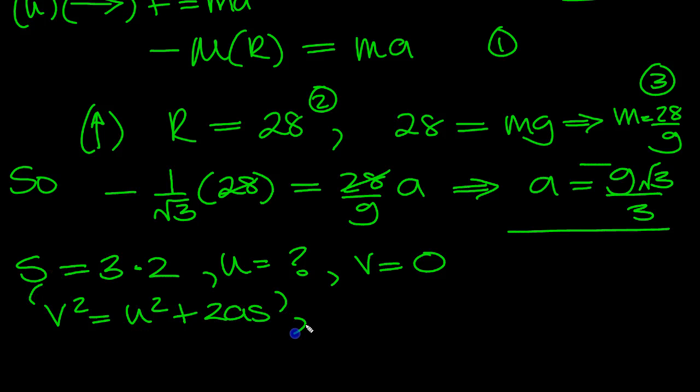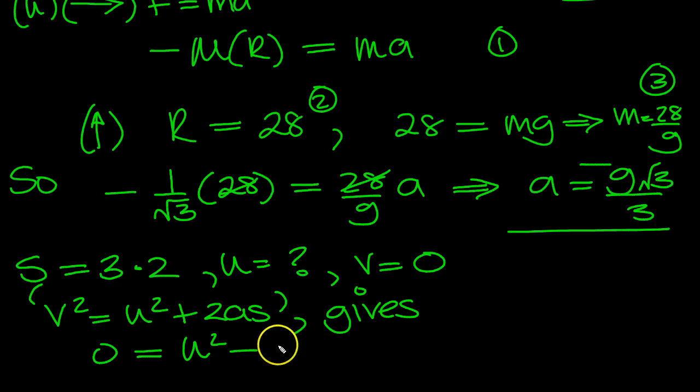So this formula then gives 0 squared is 0. u squared, we don't know, plus 2 times a, which is minus, times the distance s, which is 3.2. So put that in there.